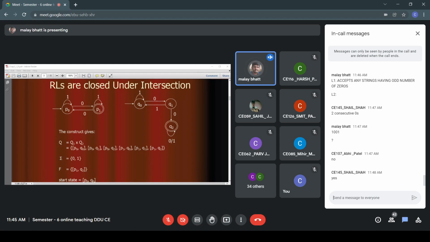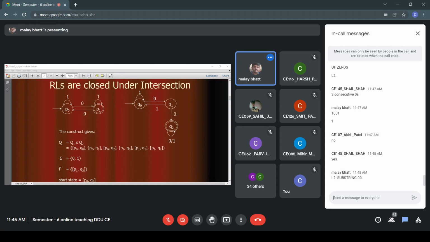If there is a substring 0, 0, it will accept that particular pattern. Otherwise, it will not accept the pattern.